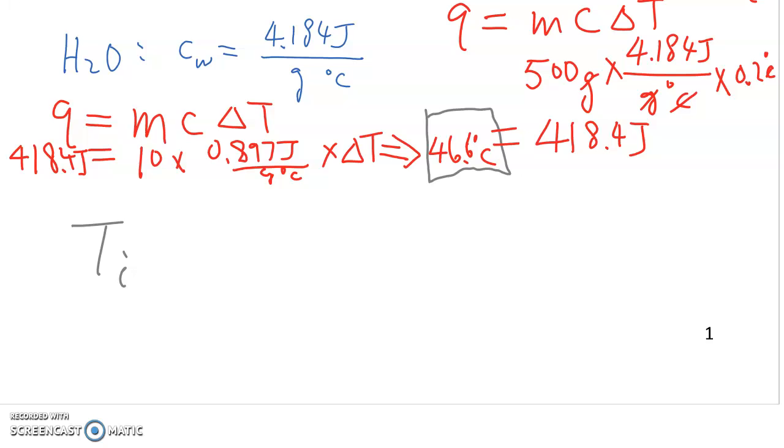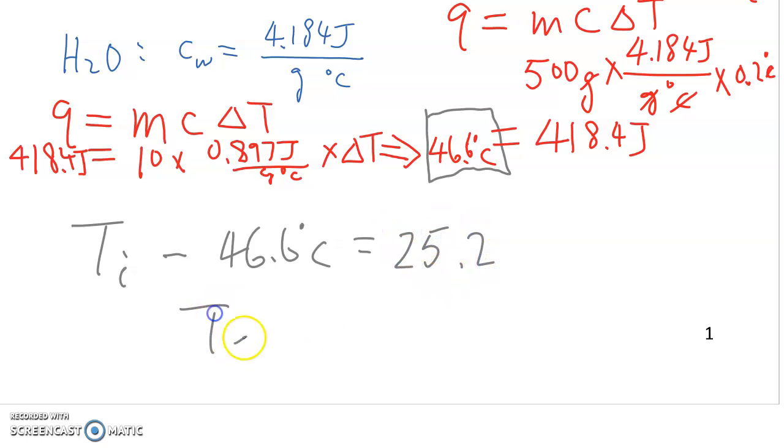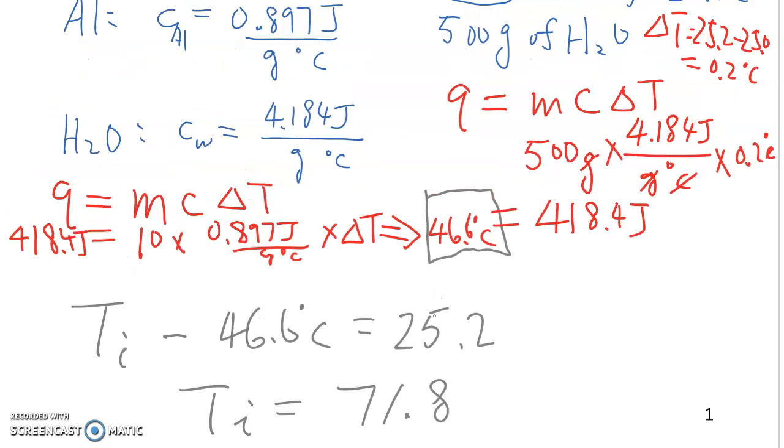It decreased by the delta T of 46.6 degrees Celsius, and that would be equal to the final temperature of 25.2. So T initial would be equal to 25.2 plus 46.6. What I get is 71.8.